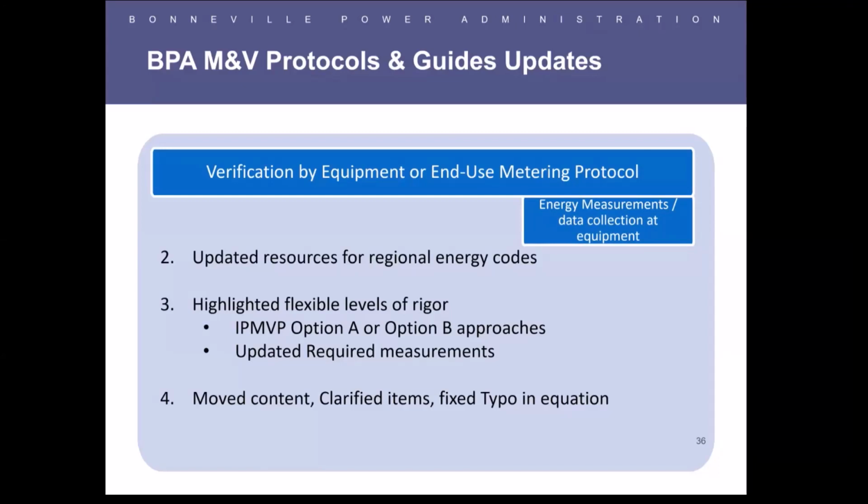We highlighted the flexible levels of rigor and what the differences would be in your approach, whether you were using some stipulations or you were measuring everything like you would see in an option B requirement. And we also updated just a handful of various things. We moved some content and clarified some items, found a typo in one of the equations that was a little bit surprising, but those are the big changes for the end use metering protocol.